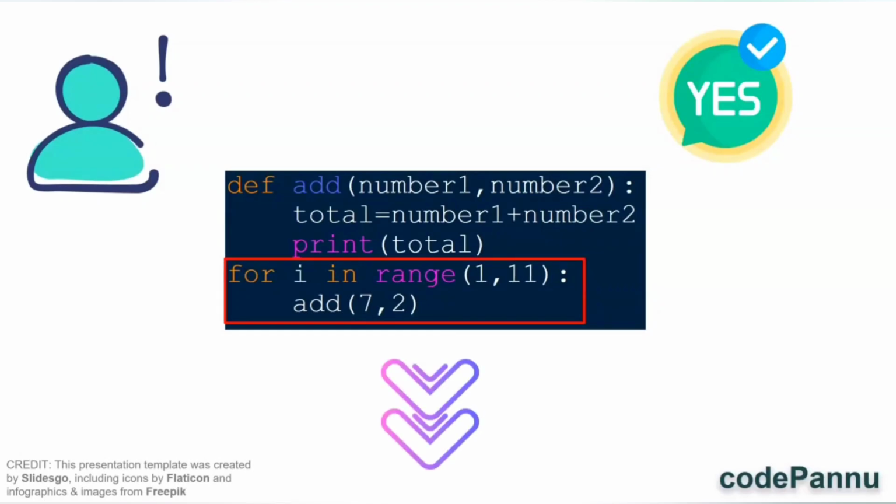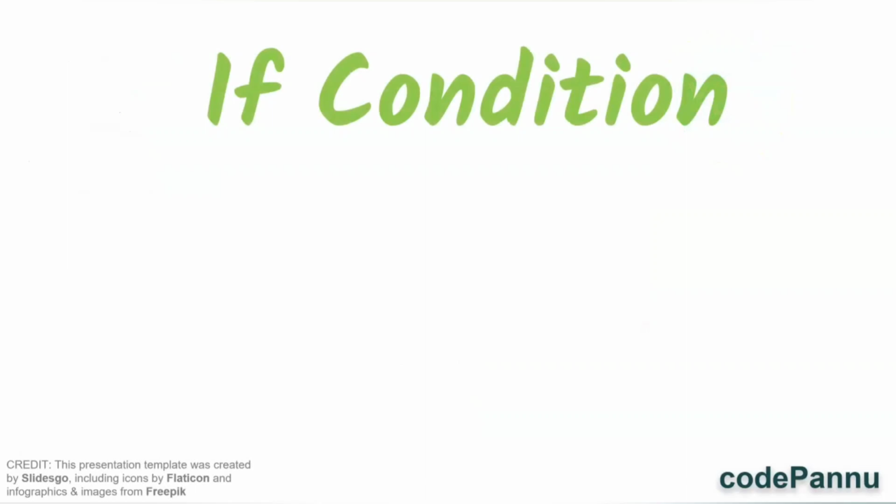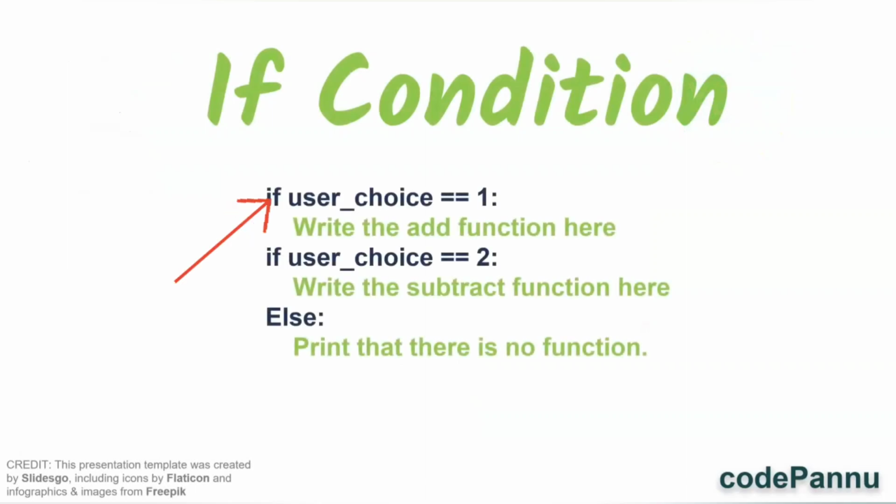So, we write the add function call inside the if condition where we check if user_choice is equal to 1, after the print statement. So now it won't just print the statement, but it will call the function also if the condition is true. Let us also write the subtract function call inside the elif condition where the user_choice is equal to 2.